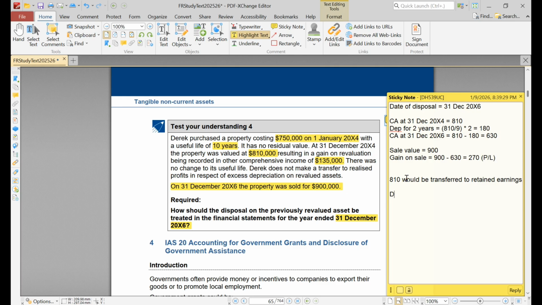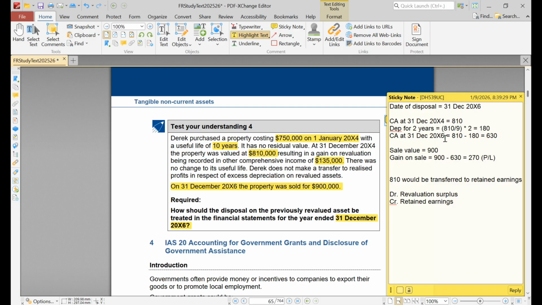Okay, so it will be debit revaluation surplus and credit retained earnings.